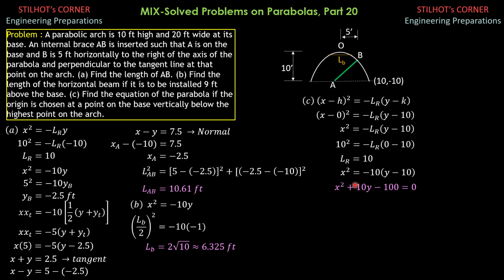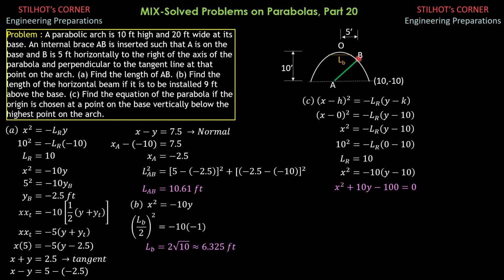We then check if this is correct first at the highest point 0, comma 10. So x is 0 plus 10 times 10, 100 minus 100 equals 0. B, which is also a point on the parabola, should satisfy the equation.